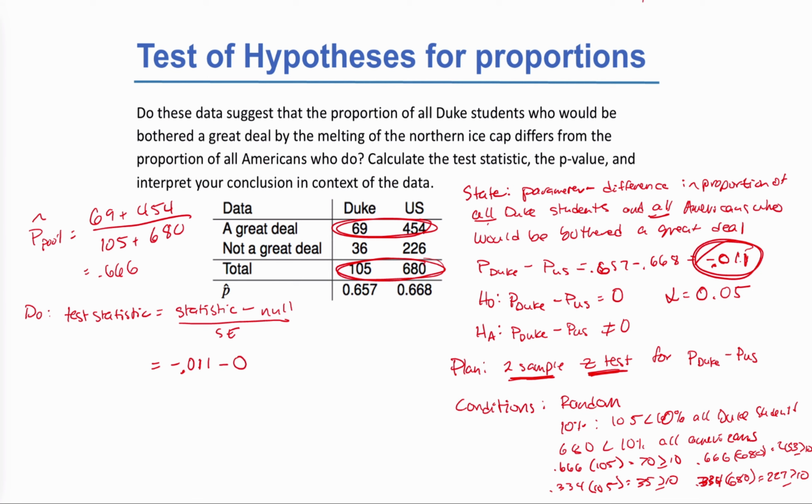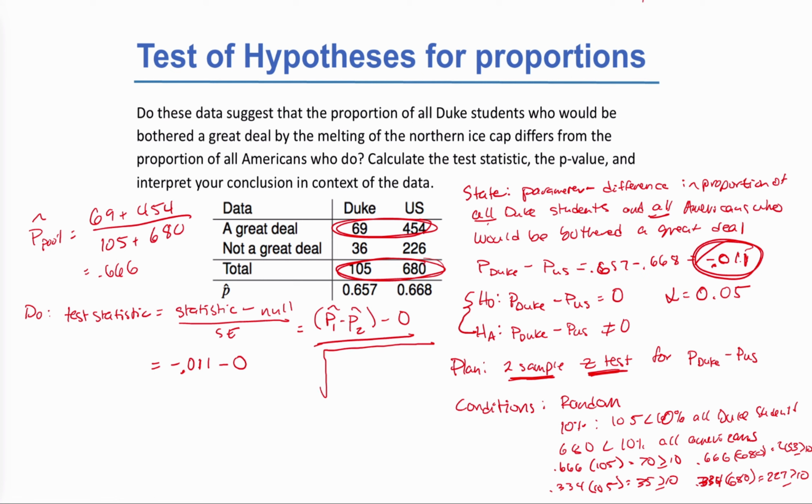So regardless of how you formulate the hypotheses, your formula is going to be P1 hat minus P2 hat minus, in this case, 0, because 0 is your null value for the difference, over the standard error calculation.